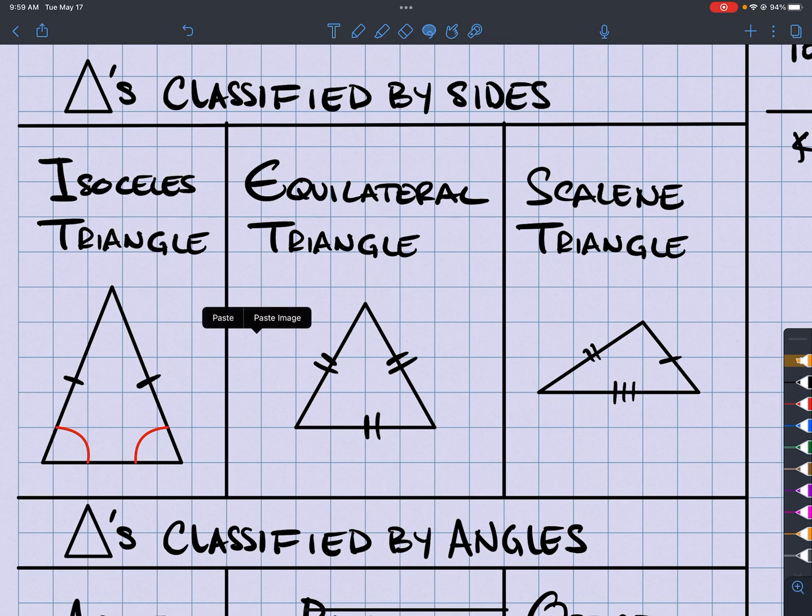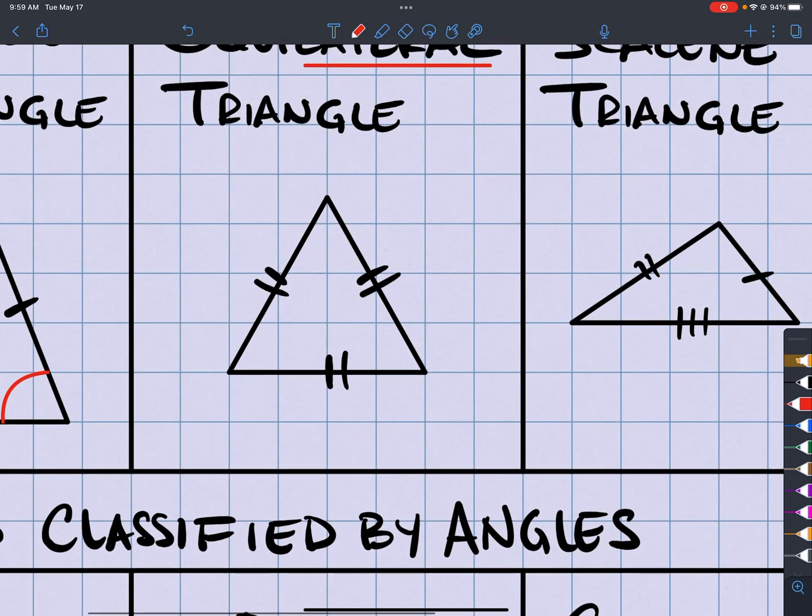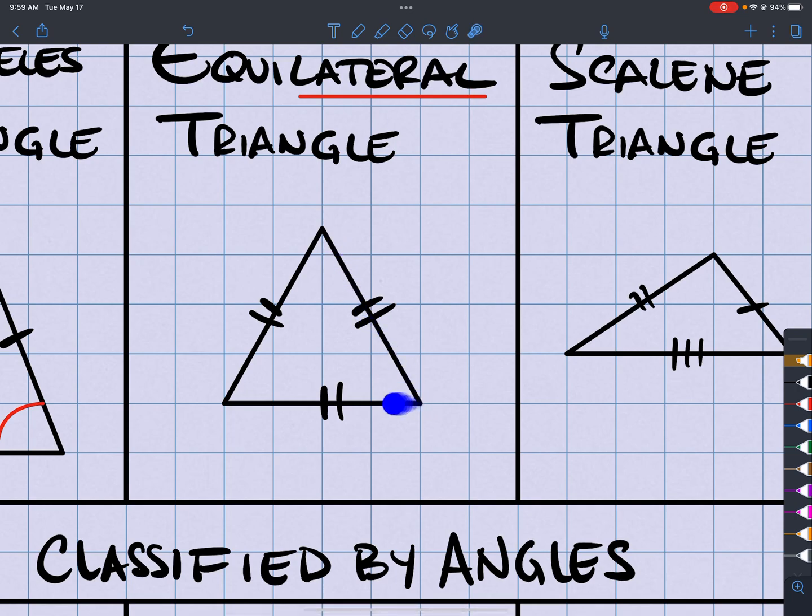Now, over here, we have the equilateral triangle. Equilateral has the word lateral, which means side, okay? So equilateral means equal side triangle, all right? That means, as you guys can see, that all three sides are exactly the same.